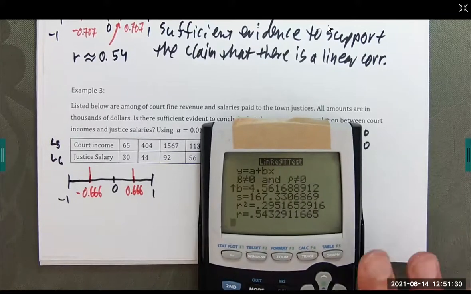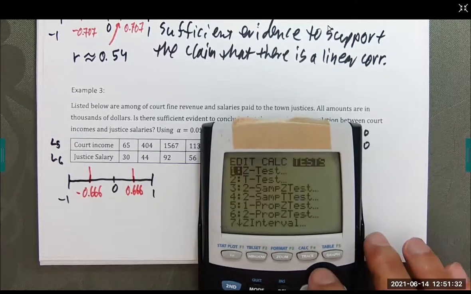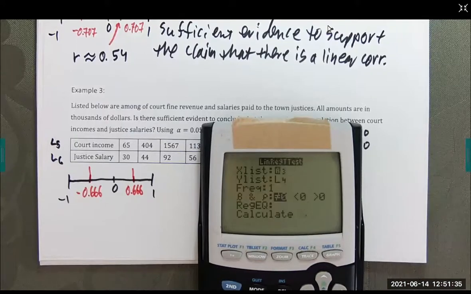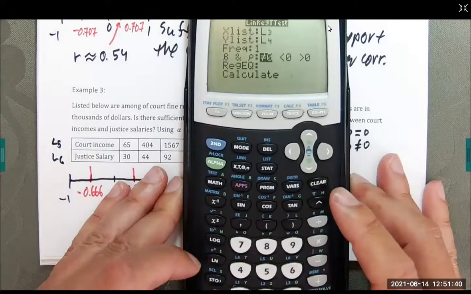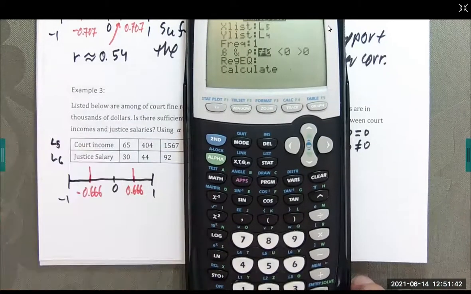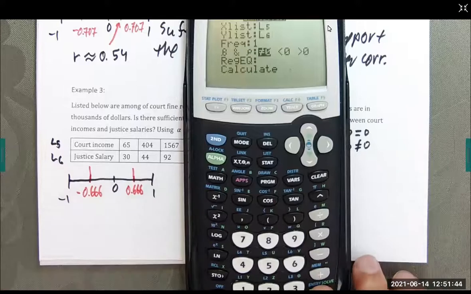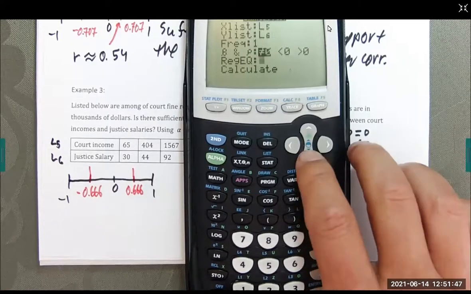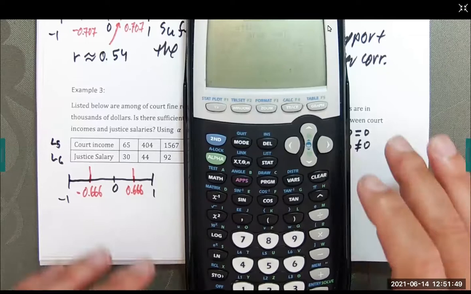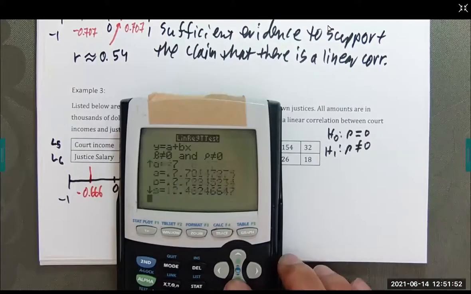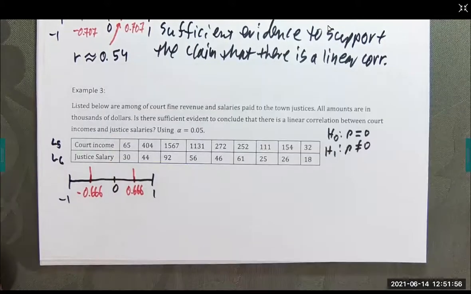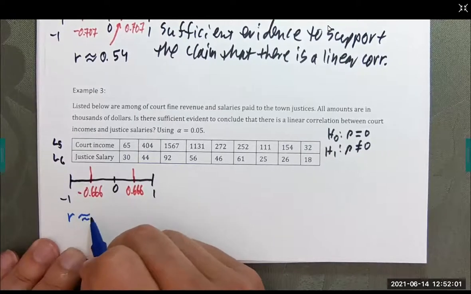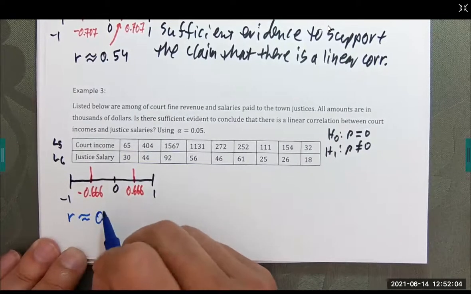Once again, stat, tests, linear regression t-test. I'm now at L5 and L6. So here's L5, second L5, second L6. Calculate. And let's see, R. Ooh, got something interesting here. It looks like R is about 0.864.